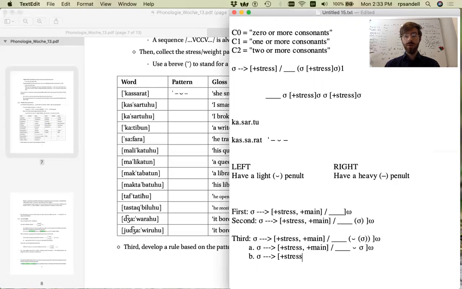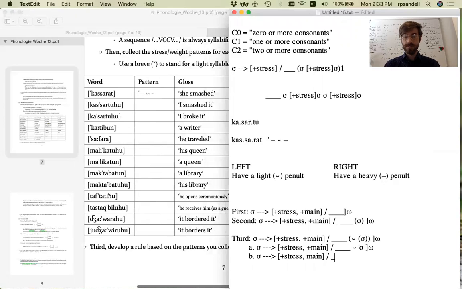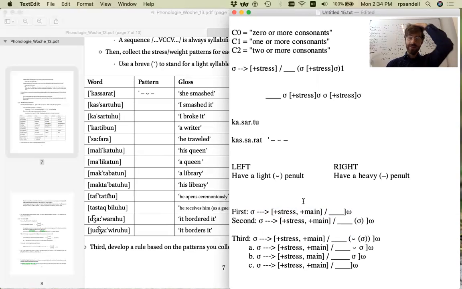So we'll assign the main stress to a syllable which is just followed by any syllable, first removing the outermost parentheses, or then finally just assigning stress to the very last syllable of the word. So we have three options.